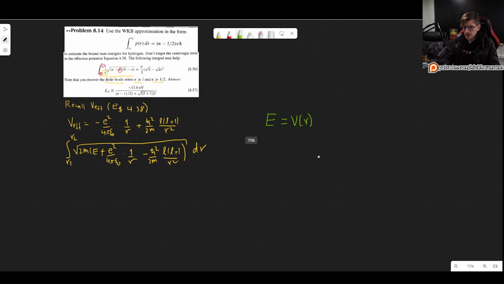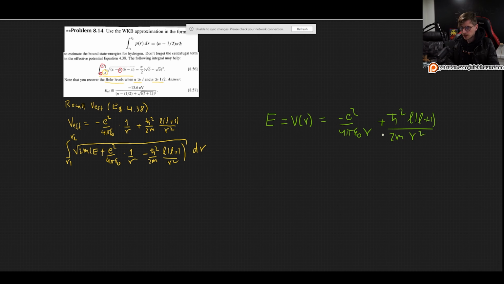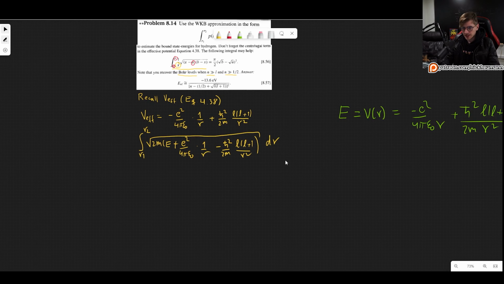The energy has to be equal to minus e squared over 4 pi epsilon 0 times r, plus h bar squared l (l plus 1) over 2m r squared. That is the condition, with r here being R1 or R2, depending on the case.